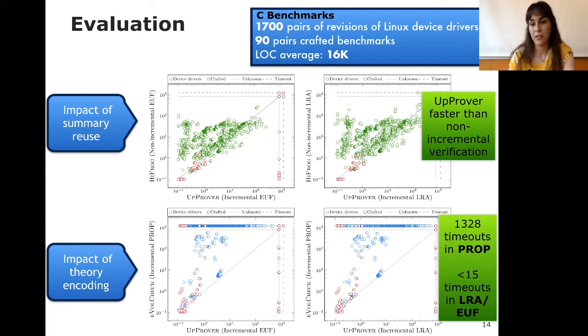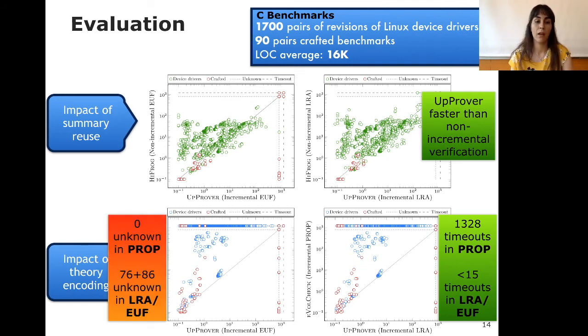And the interesting result that we got here is that in propositional encoding, the number of timeouts was more than 1300, while in LRA or EUF encoding, we only got 15 timeouts. That was quite impressive.